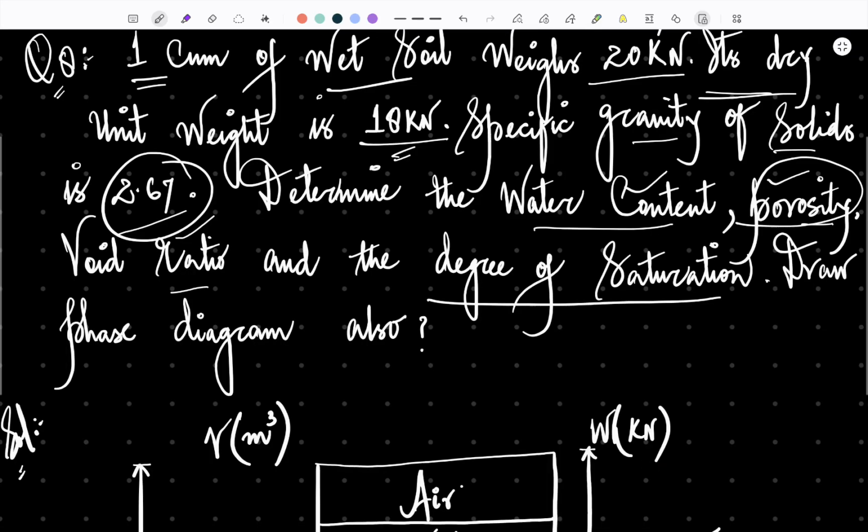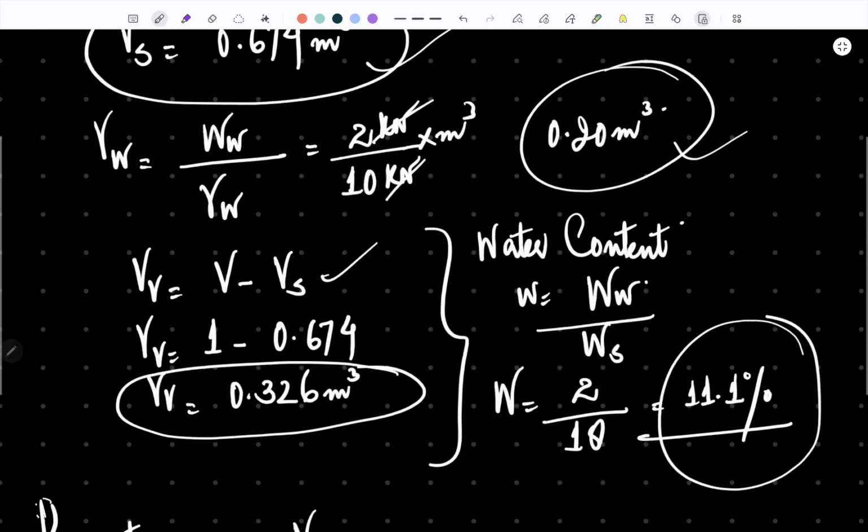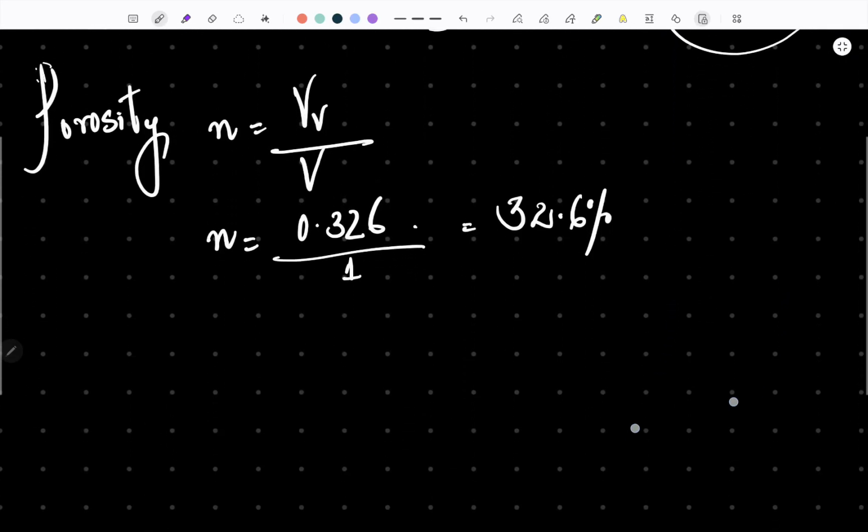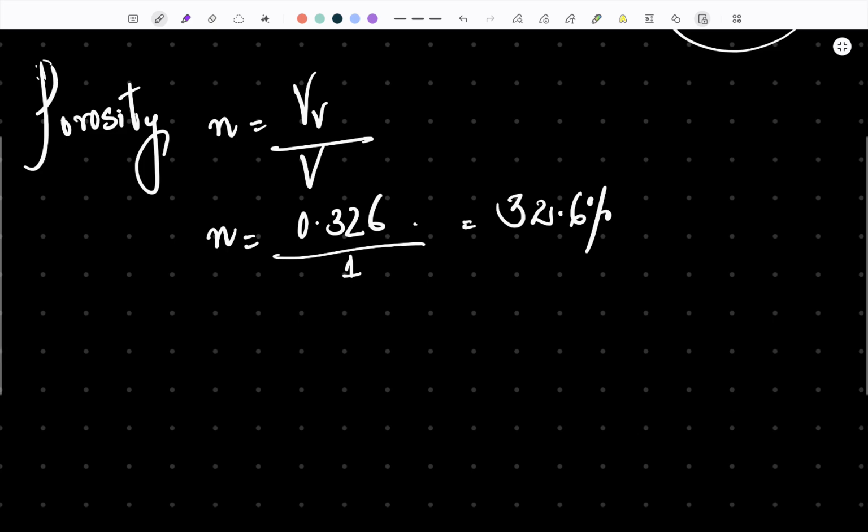Next thing that we have to find is the void ratio. Let's go on finding the void ratio. We can easily use the relationship between porosity and the void ratio. Void ratio, as you know, is denoted by e, and it's a ratio. Since we have the value of porosity, we just find it.